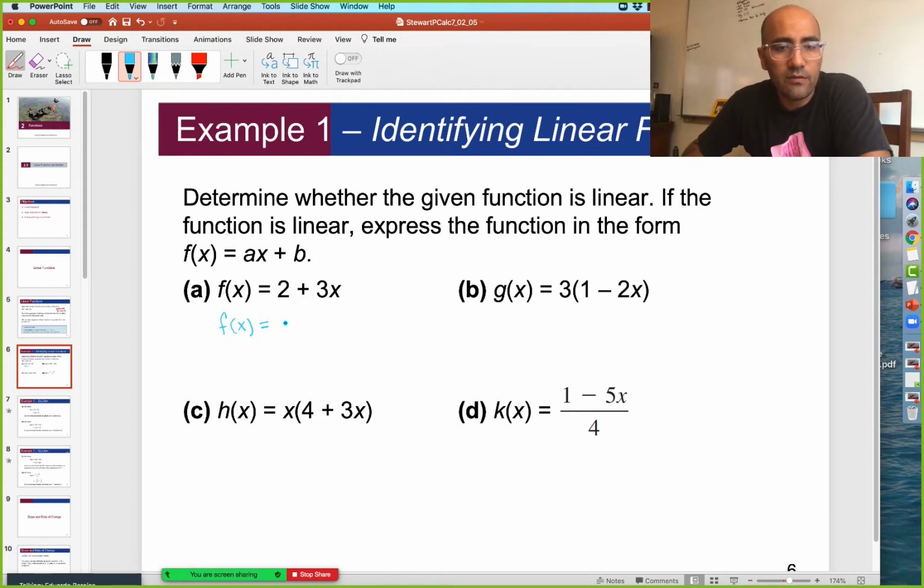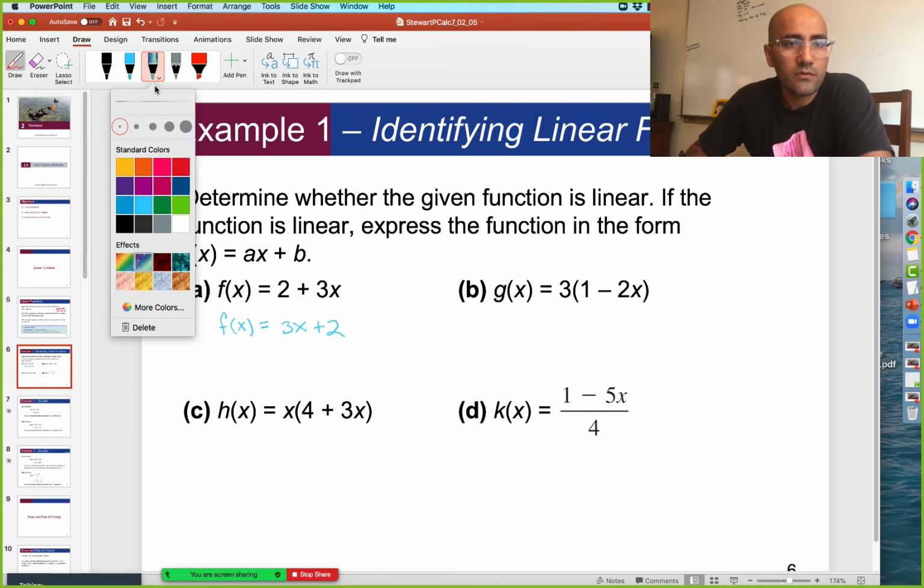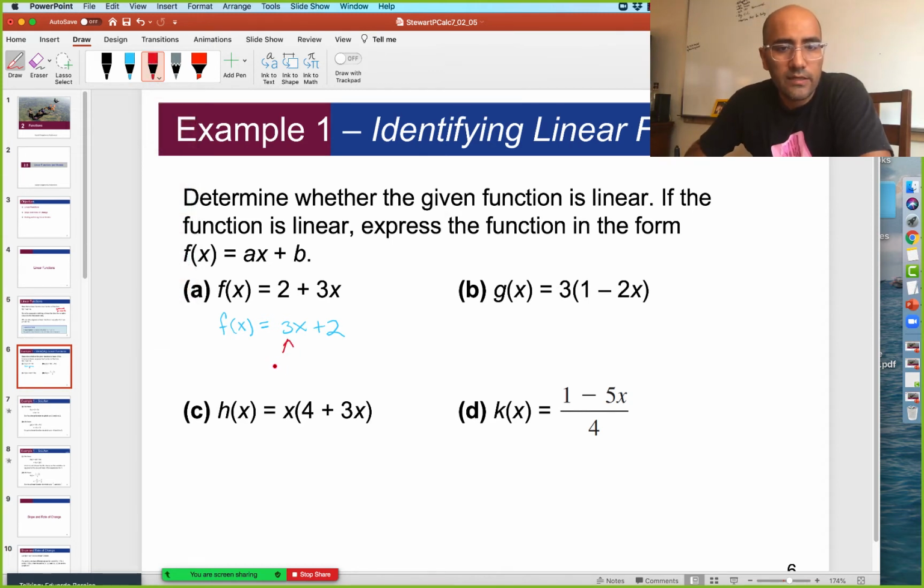We can flip these around. The order doesn't matter. So that's 3x plus 2, and now it fits exactly that form. This is the a, and this is the b. Let a equal 3, and therefore b equals 2.